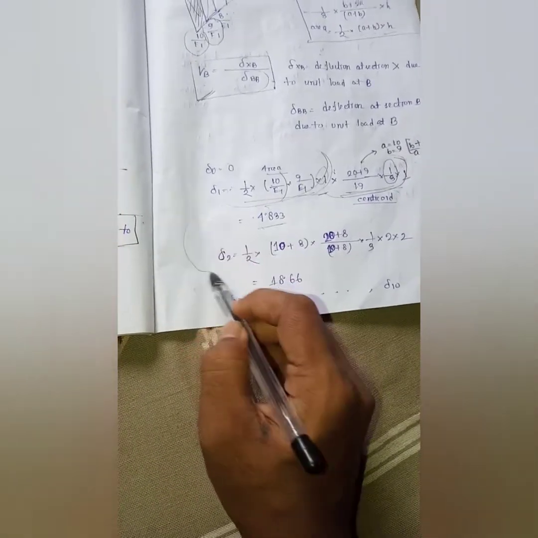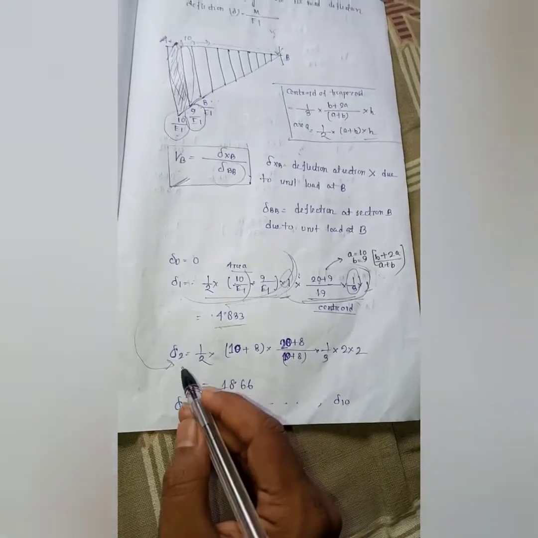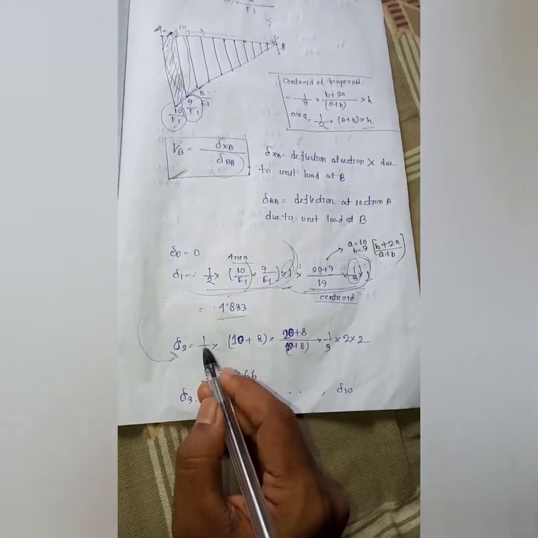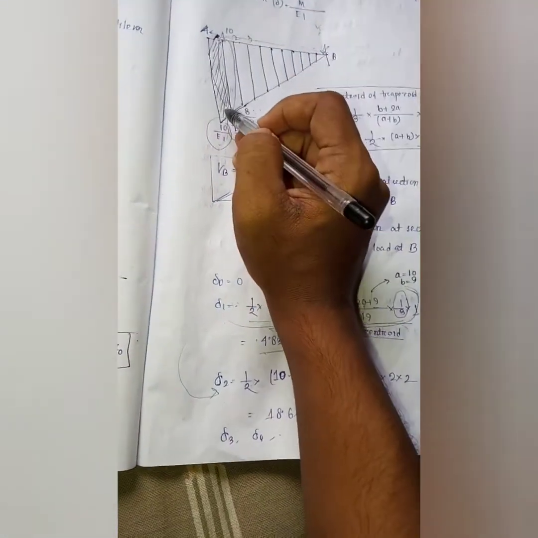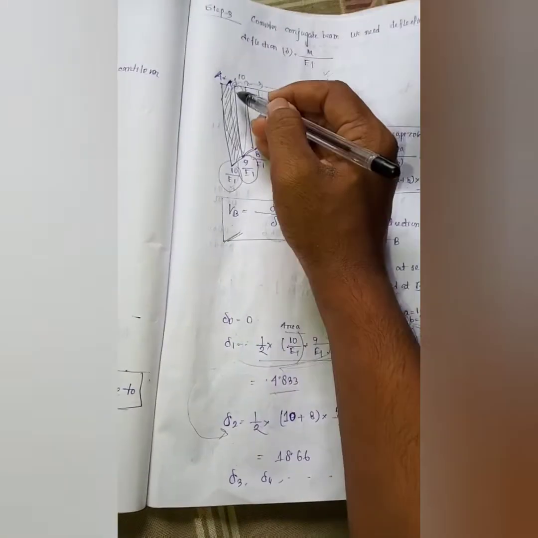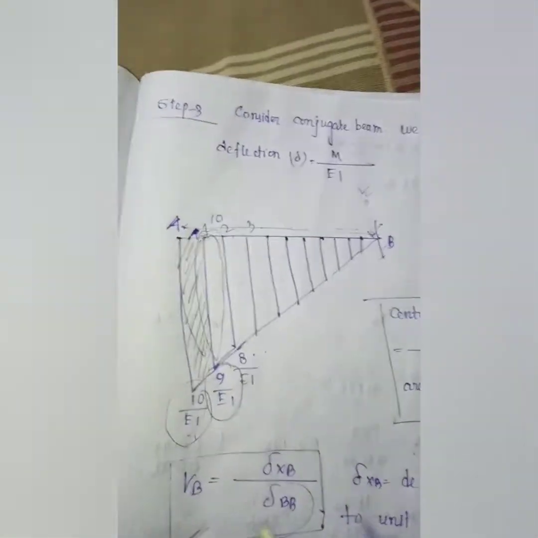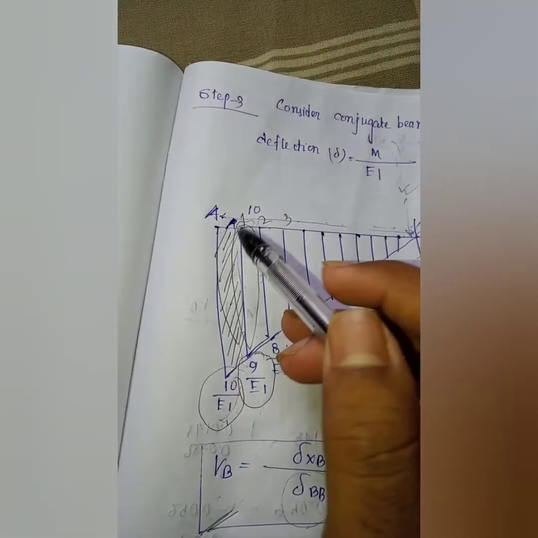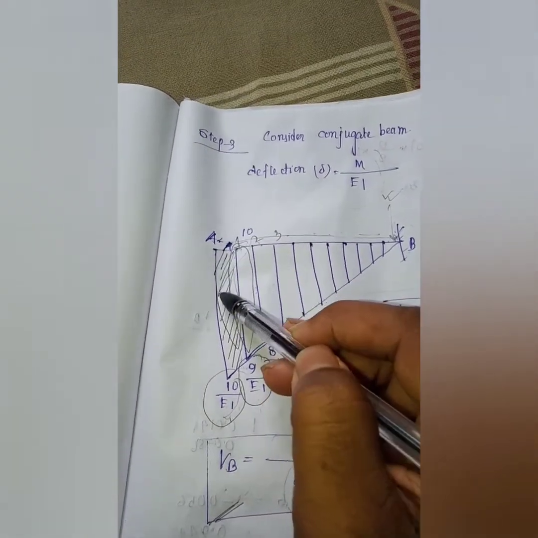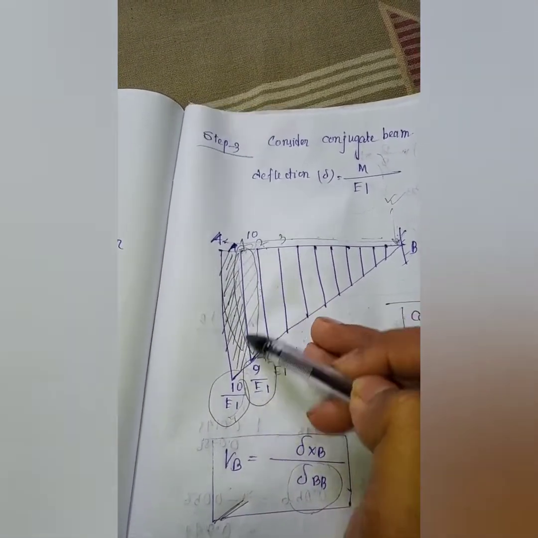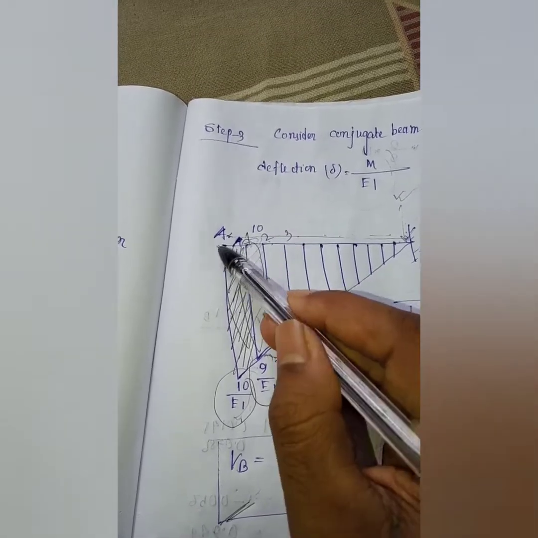Again we can find the value of delta 2. Now just remember one thing: when we find delta 2 we will consider the whole area. That means we will start from here. Let me show it. When we consider delta 2, here we will find this whole area, not only this portion, the whole area.